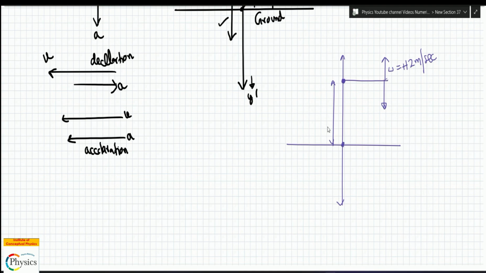If this is your origin, what is this distance? This is the displacement of the body from A to the ground, for example, A to G. If I were to calculate, the displacement is in this direction, right? So the displacement S is also minus 80 because it is downward. The body goes down. Now we are working smartly.